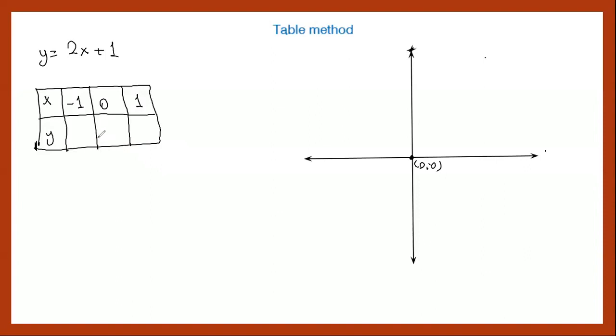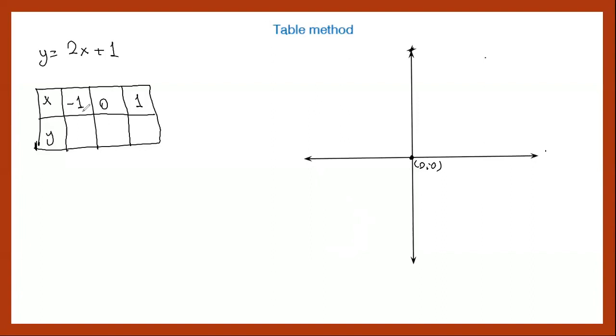The graph is not going to change at all. -1, 0, 1 are the easiest numbers. That's why I chose those numbers. You can give any number, and I'm going to show you in other questions some examples with different numbers, and you will see the graph is going to be exactly the same.